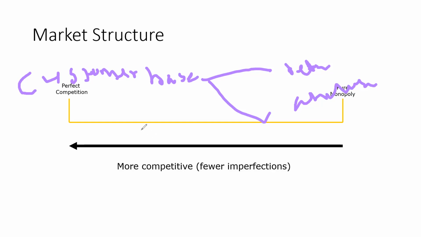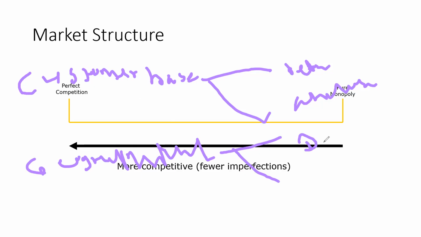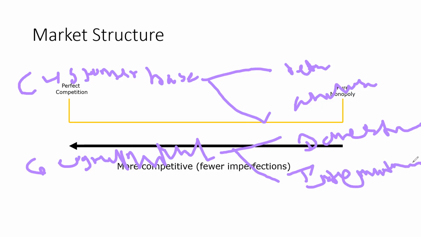Then if we consider the geographical location, under the geographical locations we can identify the domestic market and the international market, right?